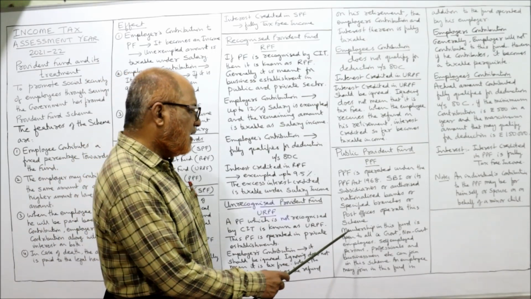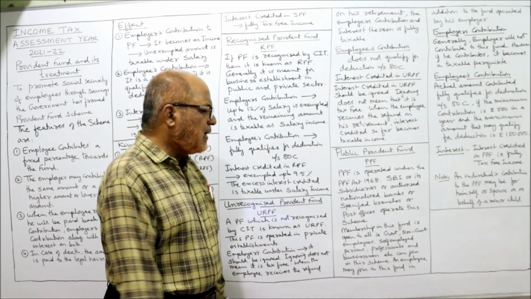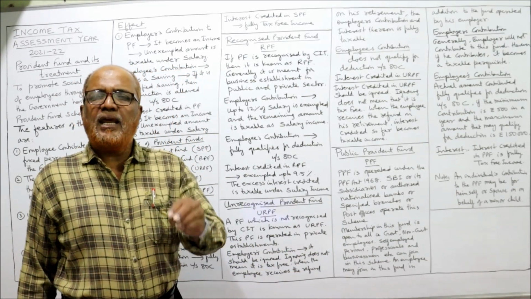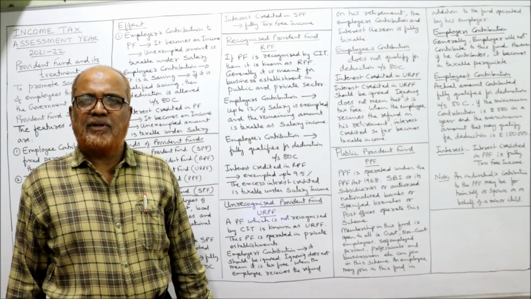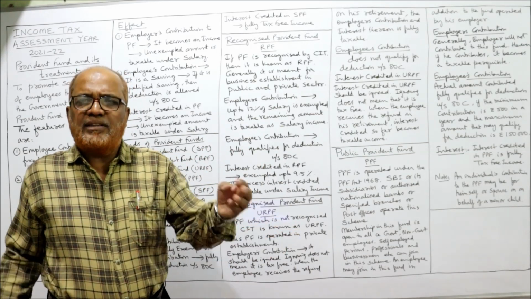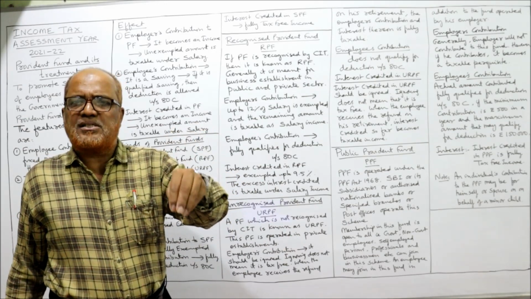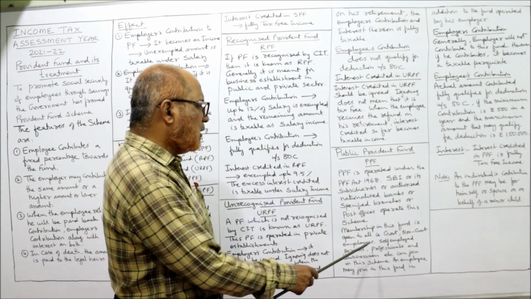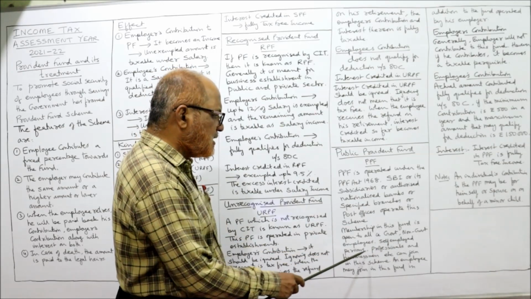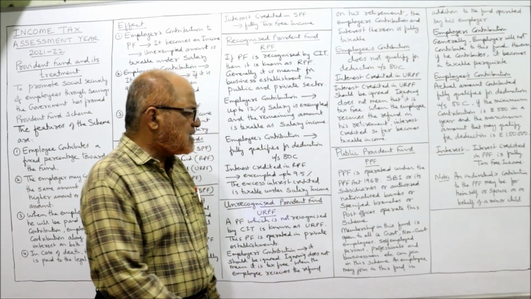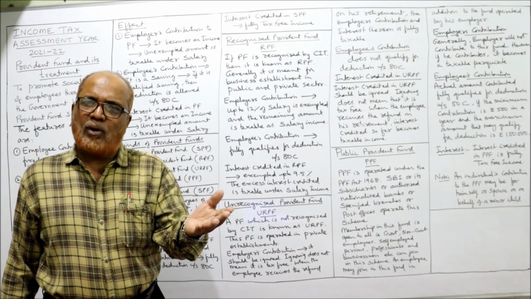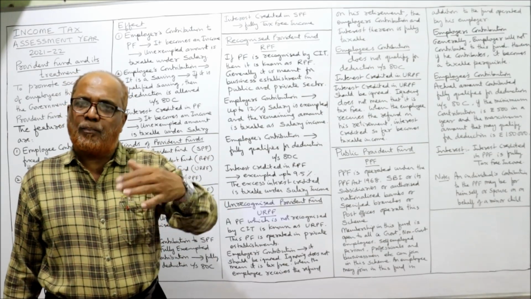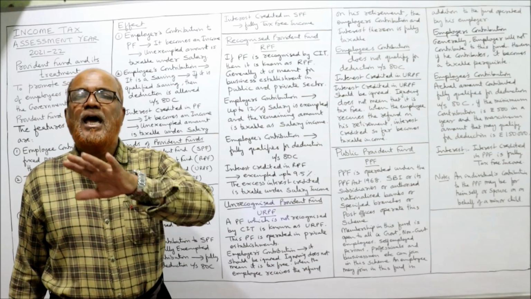Right? And membership in this fund is open to all. Anybody can open an account in PPF. It is open to everybody, whether a central government employee, state government employee, local authority employee, self-employed person, professional or businessman.